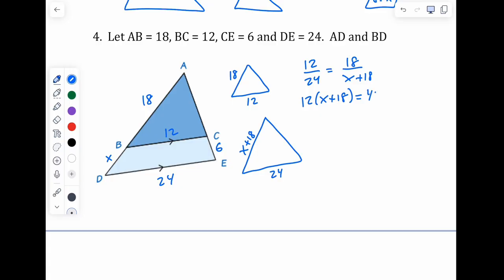The way I'm showing you is the way that always works. I'm distributing. I'm moving the 216 over. It just coincidentally comes out to be 216 again.